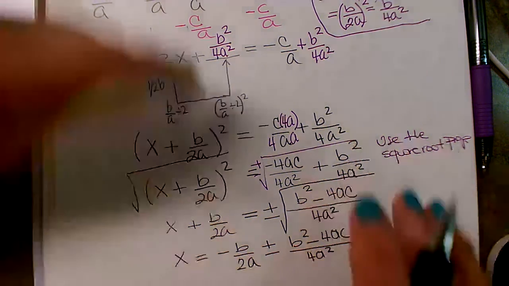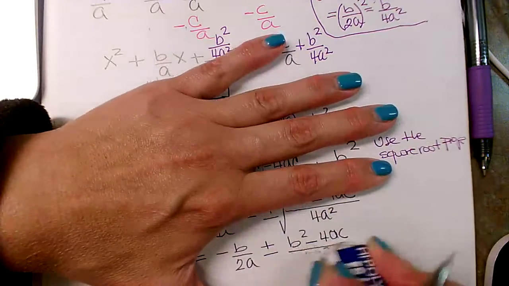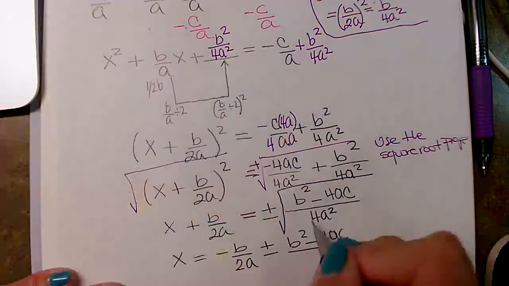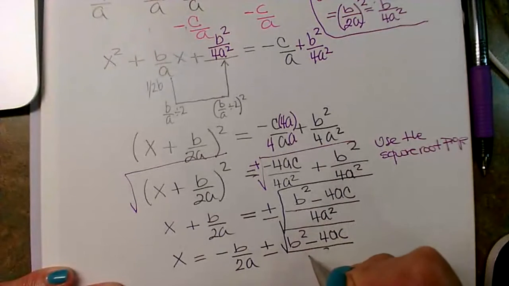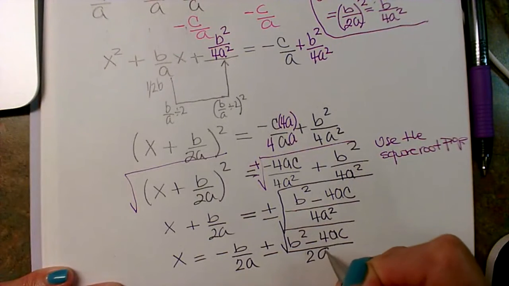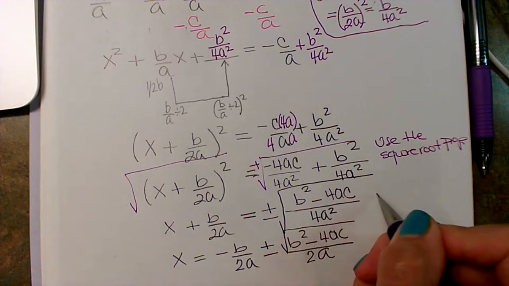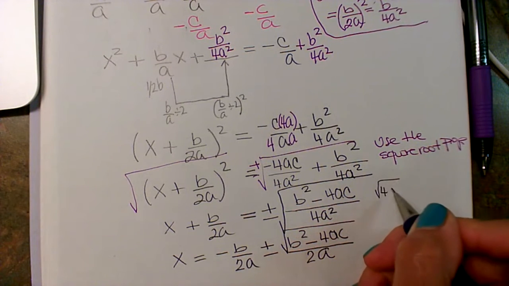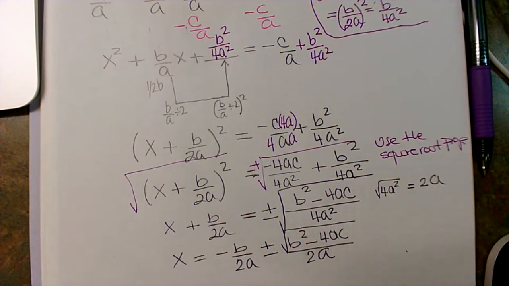right here. Look at this step here. This is inside the square root, right? So when it comes out, it's a 2a. We have it as 4a squared, so it comes out as 2a. Okay?